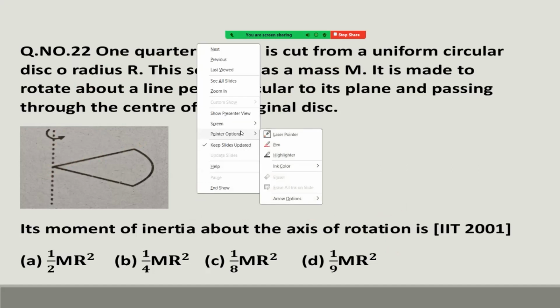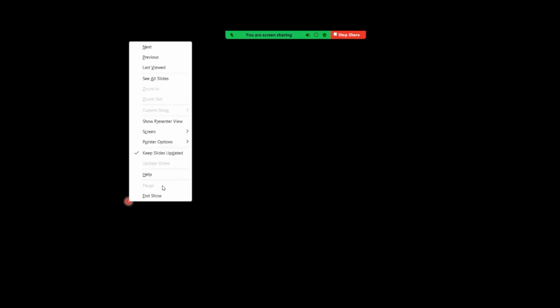It's a very simple one. See once. Given it is 1/4, its mass and radius is r, means for the total, the mass will be 4m, right?